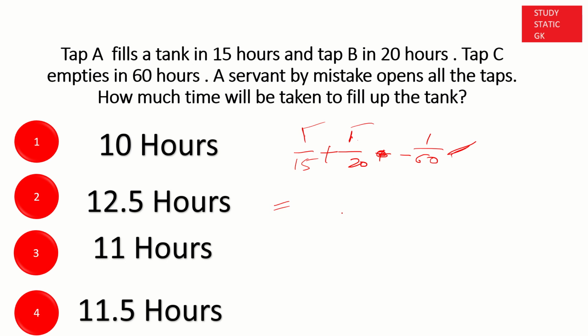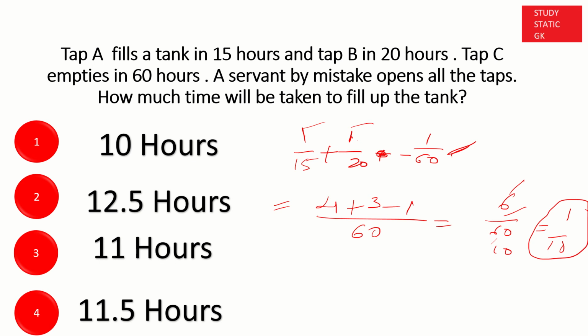So this is how much part of the tank is filled per 1 hour. 60 is the LCM: 15 fours are 60, 20 threes are 60, 60 ones are 60, so 4 plus 3 minus 1 is 6 by 60, so 1 by 10. So in 1 hour, 1 by 10th of the tank will be filled. That means in 10 hours the tank will be filled. So the answer is 10 hours.